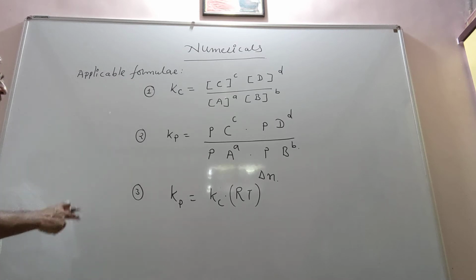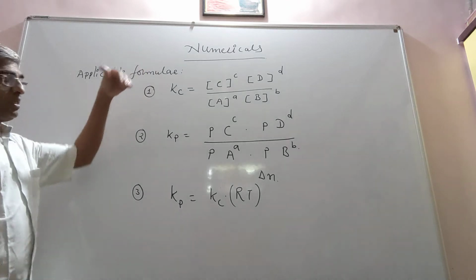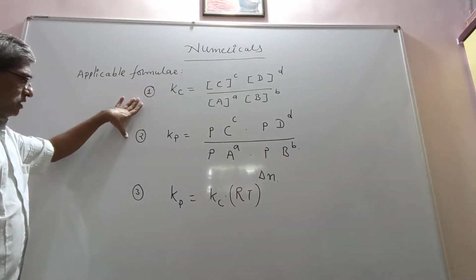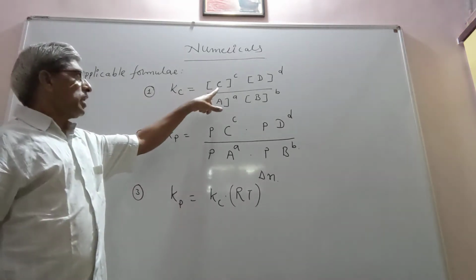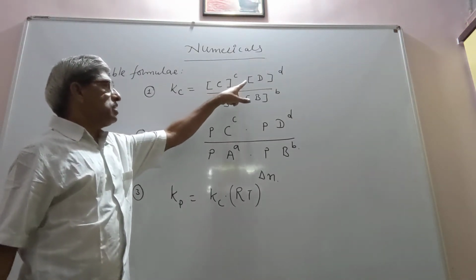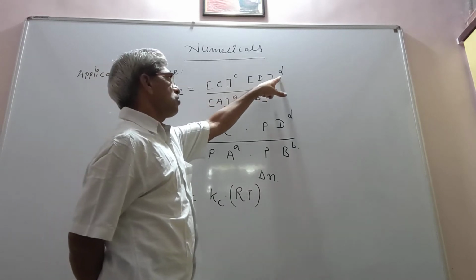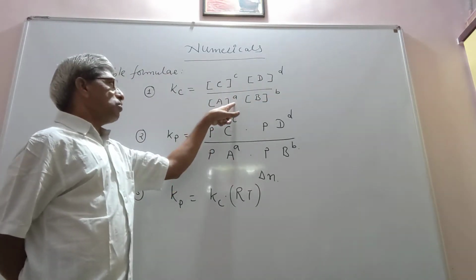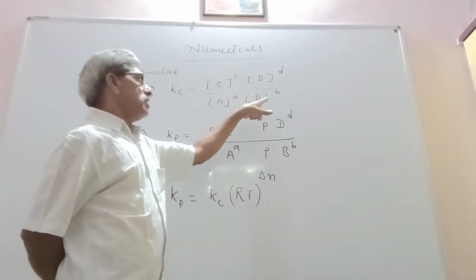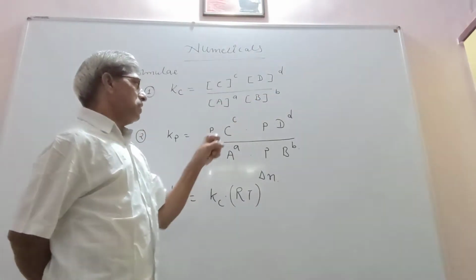These are the 3 applicable formulae while solving the numericals. Let us start then with numerical number 1. Before that, I will repeat these 3 formulae. Number 1, Kc equal to active mass of C raised to c, active mass of D raised to small d, whole upon active mass of A raised to a, active mass of B raised to small b.